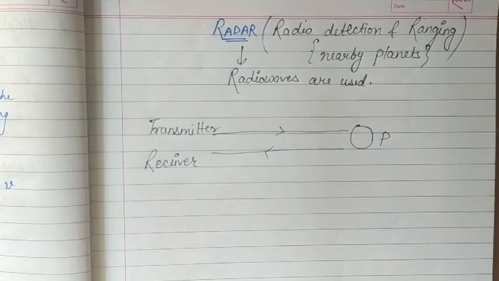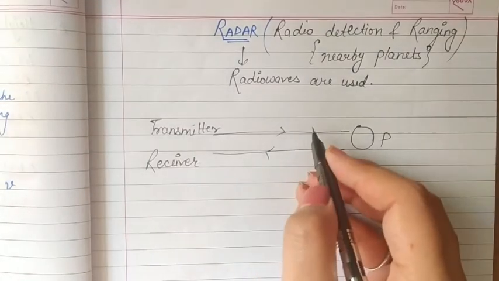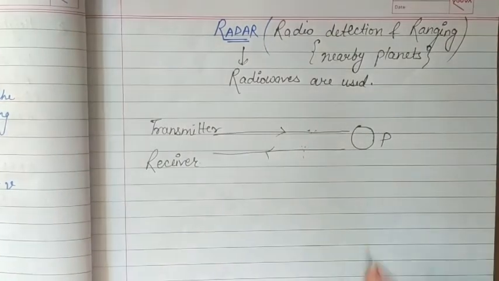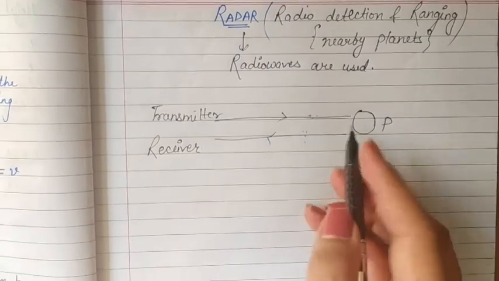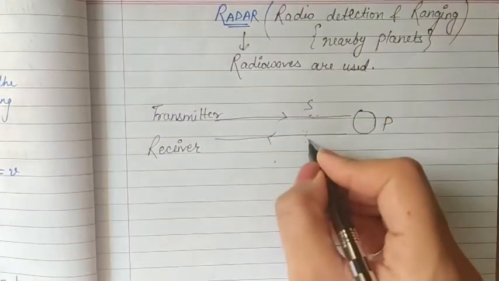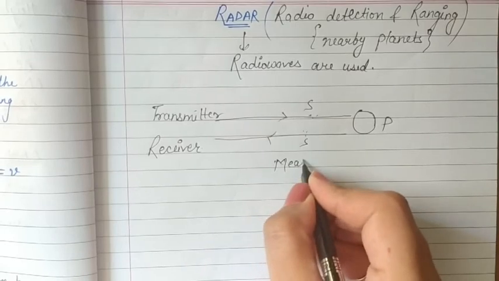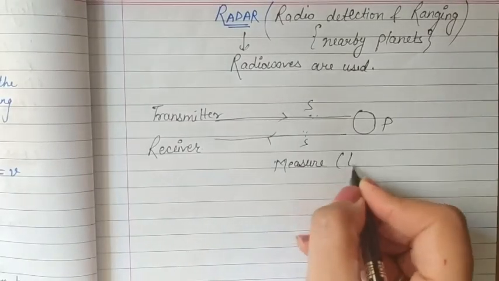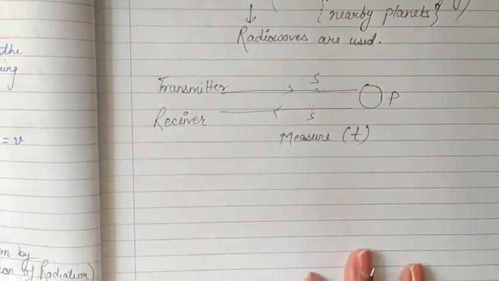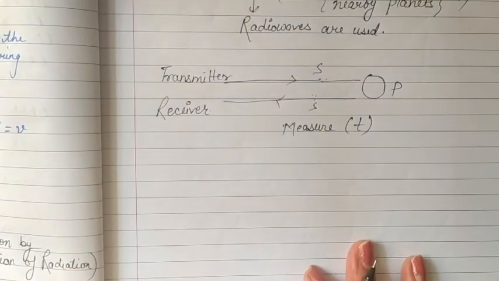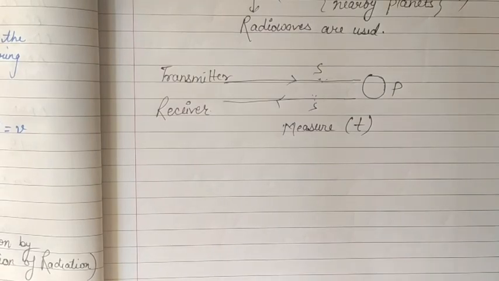So again the distance traveled by the wave is double, twice of s, or double of the required distance, and we measure the time, or we observe time t in which this whole process takes place, and the speed of radio wave is again c, that is 3 into 10 to the power 8 meter per second.